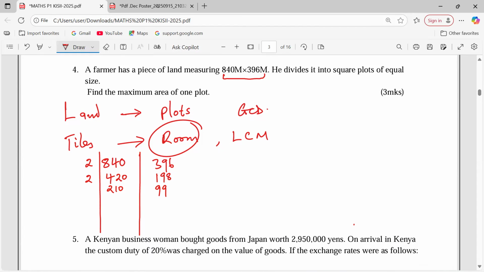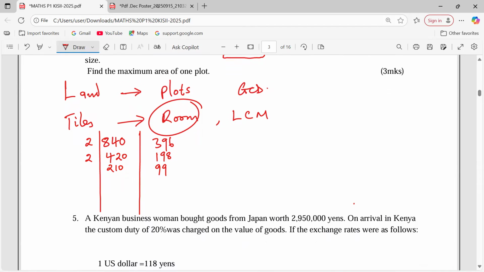So 2 cannot divide again because 99 is not an even number. We can talk of 3 now. Dividing 210 by 3 gives us 70. Dividing 99 by 3 gives us 33.